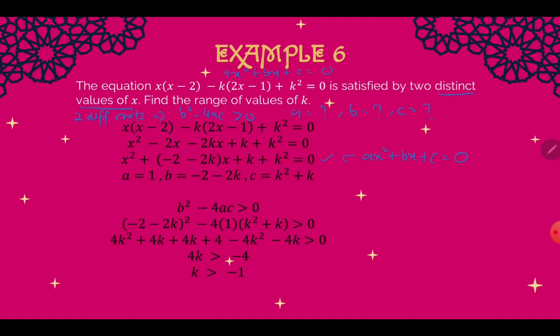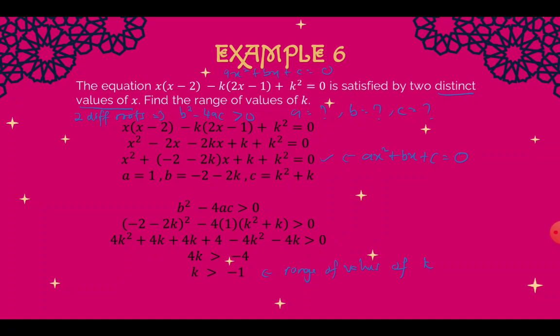The value of a is 1, b is negative 2 minus 2k, and c is k squared plus k. Substitute all the values into discriminant greater than 0. At the end, we find that k is greater than negative 1. So this is the range of values of k. So we have solved this problem.